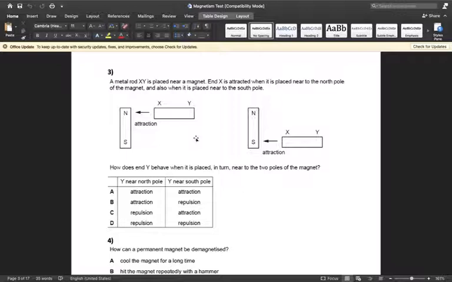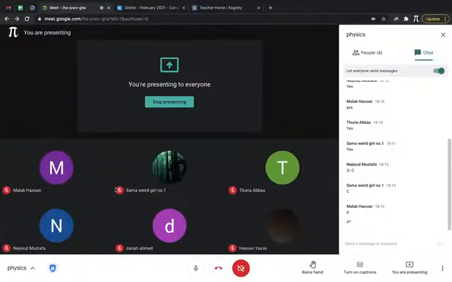So there wouldn't be any repulsion here. So the correct answer is A. Does that make sense? Is that clear, all of you?